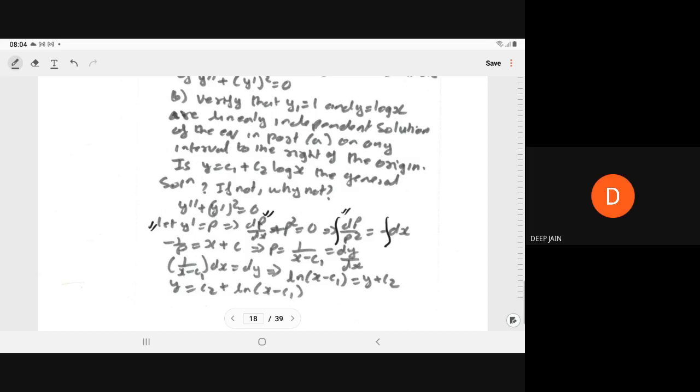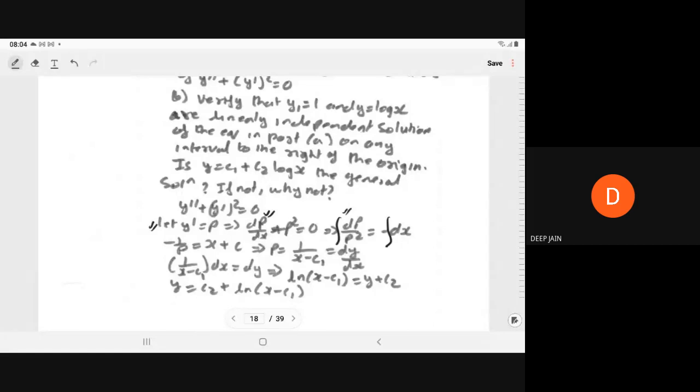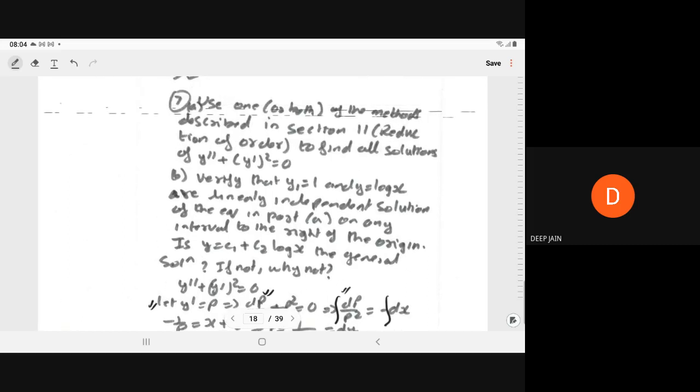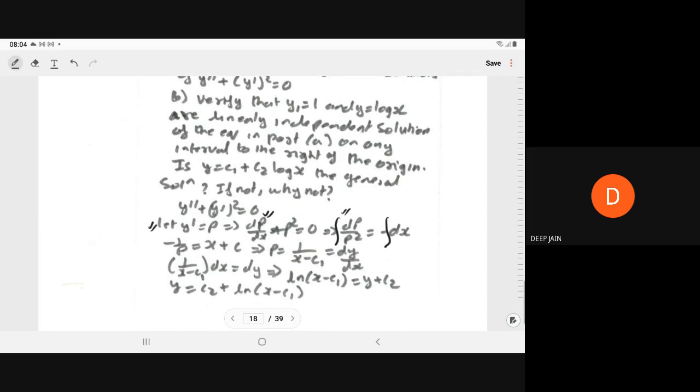Yes, sir. So here, what I was telling, till now clear or do I have to repeat? In this question, we have the second order differential equation, and it is given that y is equal to 1 and y is equal to log x are linearly independent solutions.